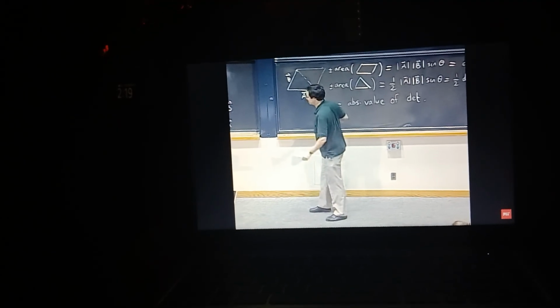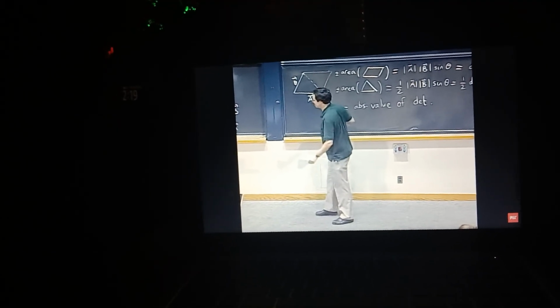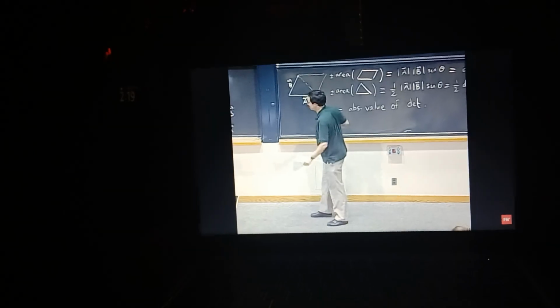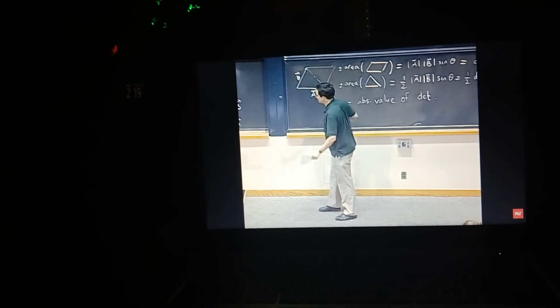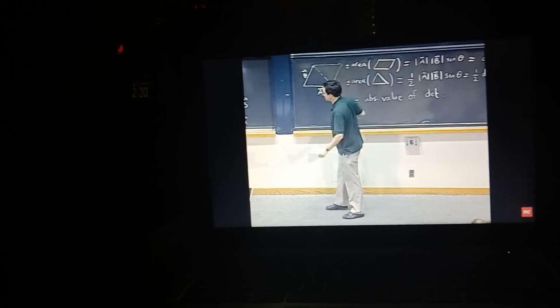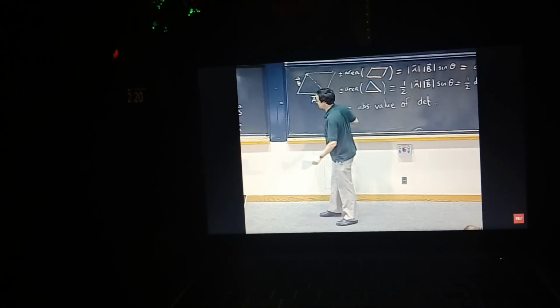So it's g of x divided by h of x, and then it becomes g prime of x times h of x minus g times h prime of x.